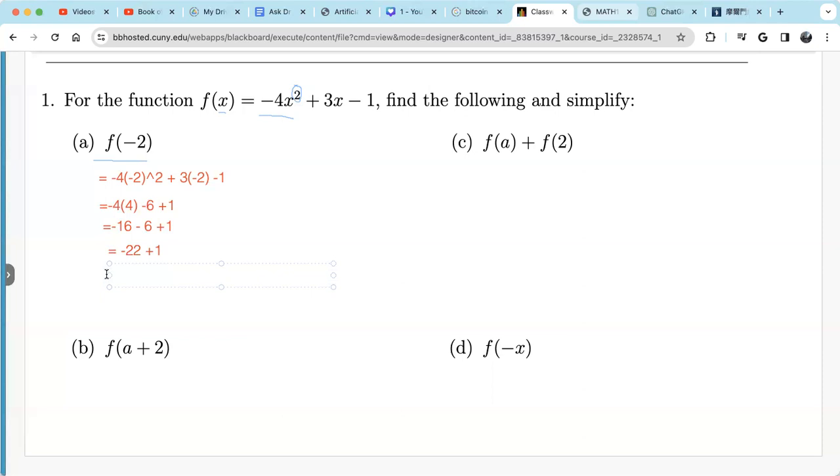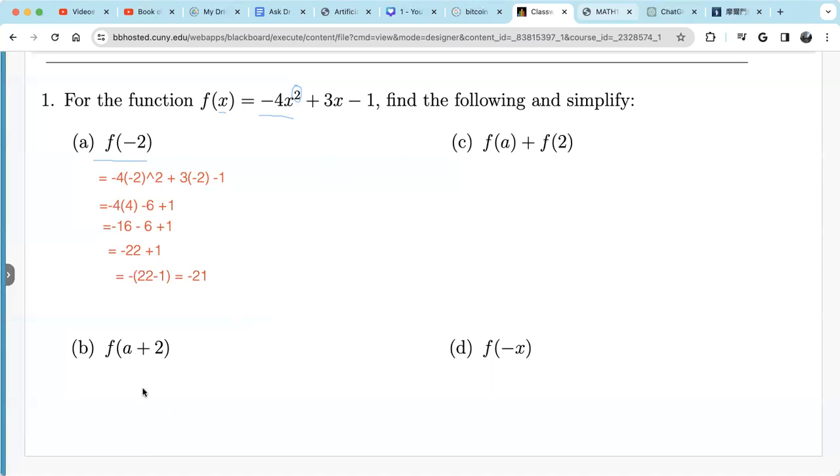One is negative, one is positive, so that equals negative 21. The step is negative of 22 minus 1. 22 minus 1 is 21, but we keep the negative sign. That's how we get negative 21.